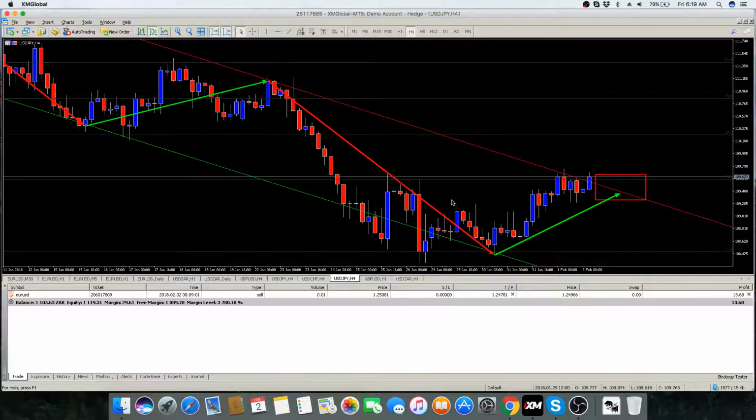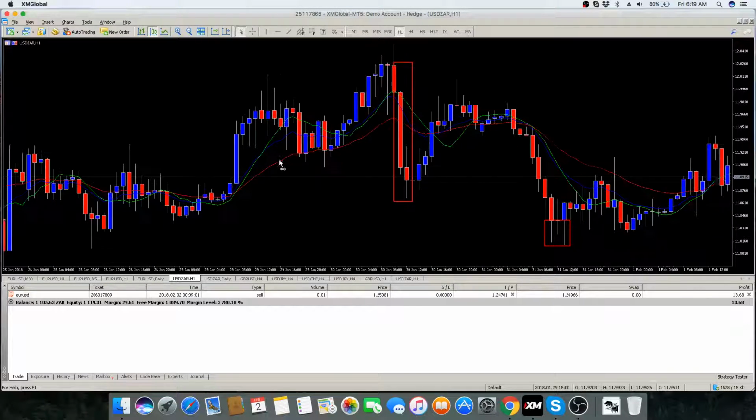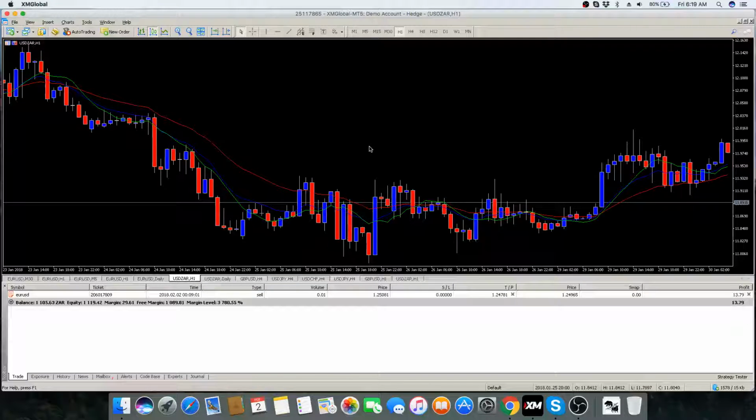I usually use my phone to make orders and stuff like that. We're going to get back to the orders after I explain how I place trades. So basically, that's how I use my indicator to give me guidance.